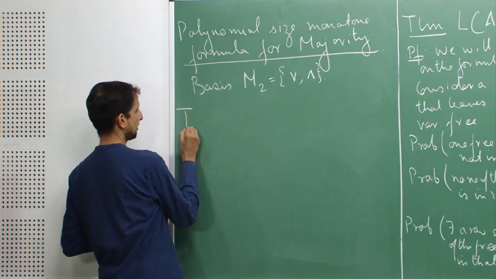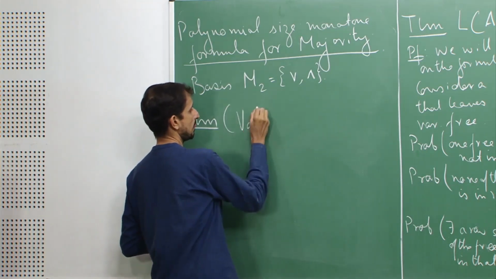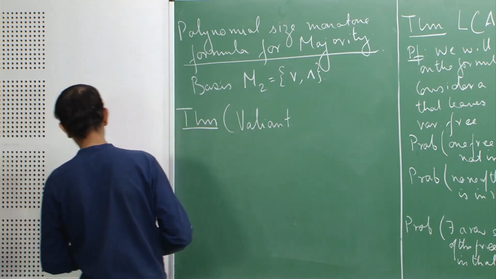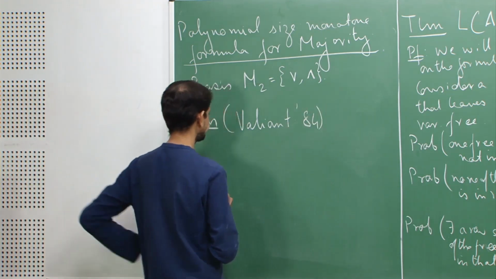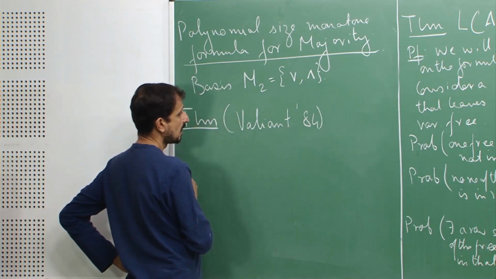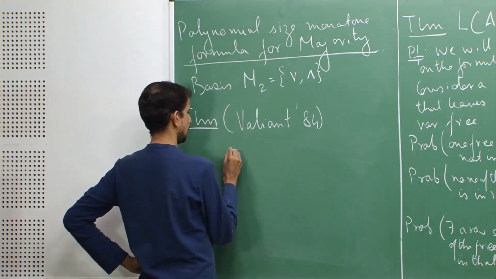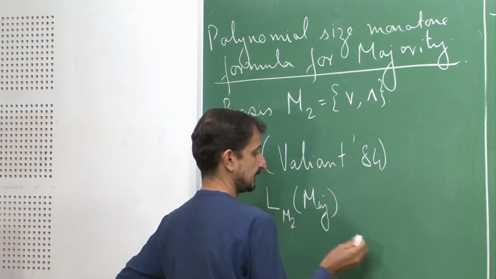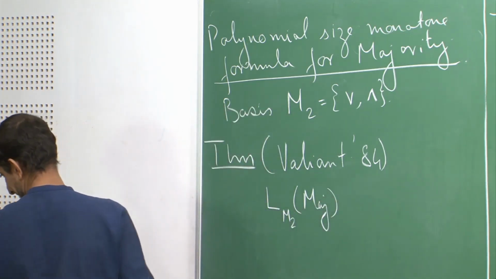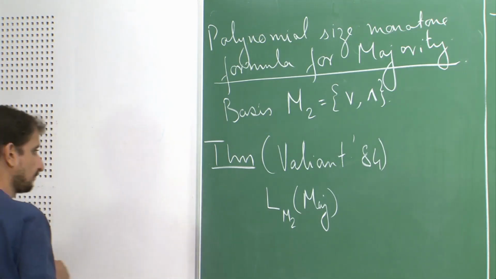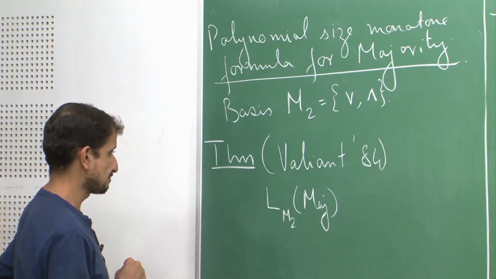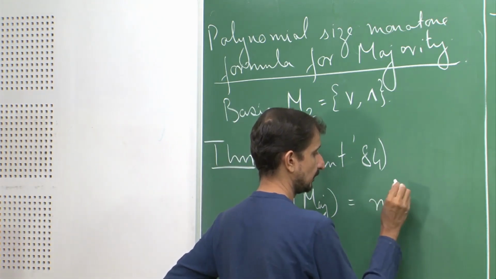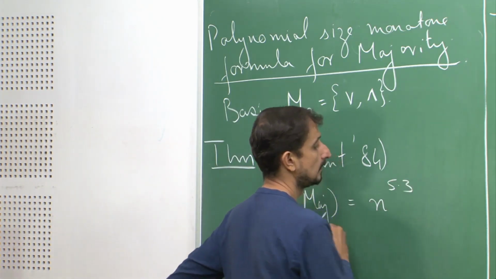So, what Valiant showed, and this is the theorem that we are going to prove, in 83, I think, or 84, I do not have the date here, is that the size of the L M2 formula of majority is order n to the power 5.3.